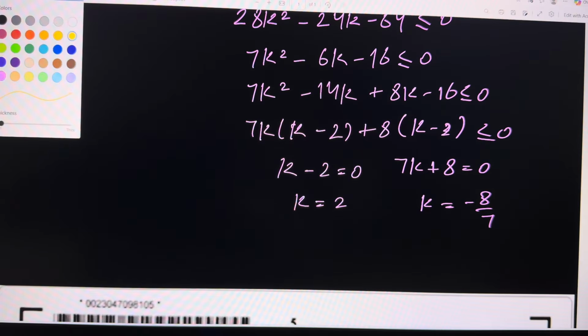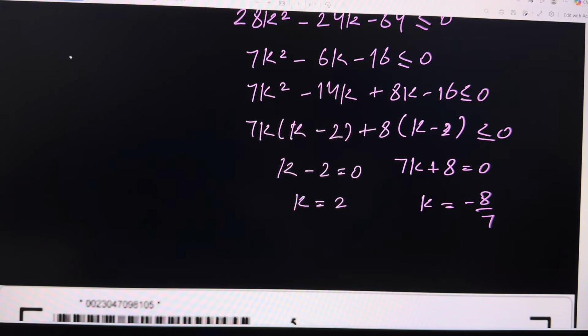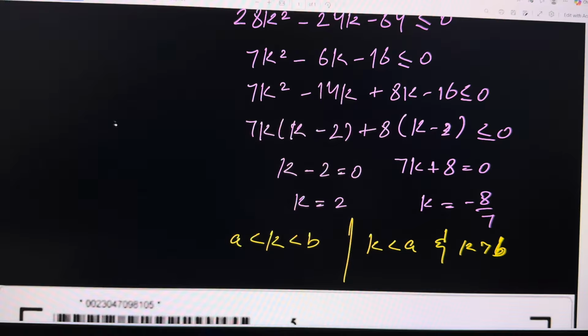To find out if we should write this as k is less than a and k is greater than b, or the other way around, for this we will make an example graph, and this is less than 0.